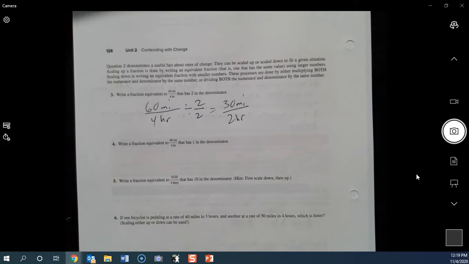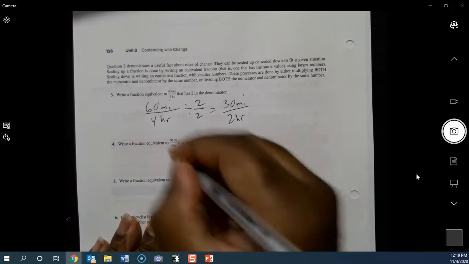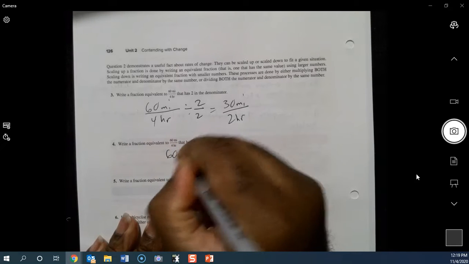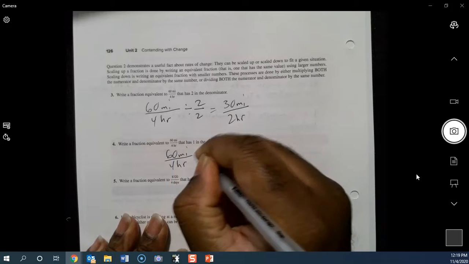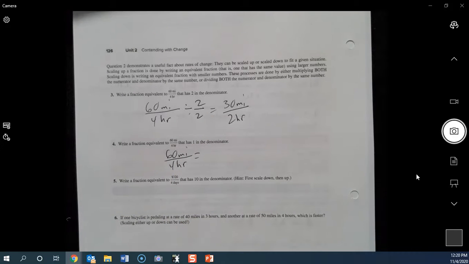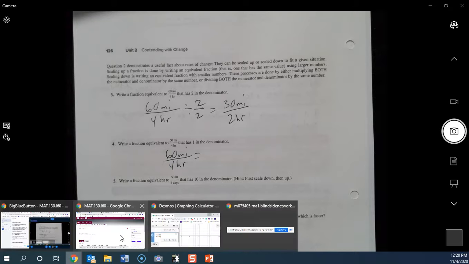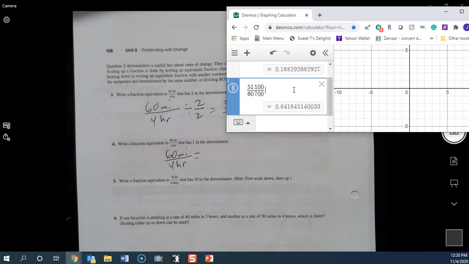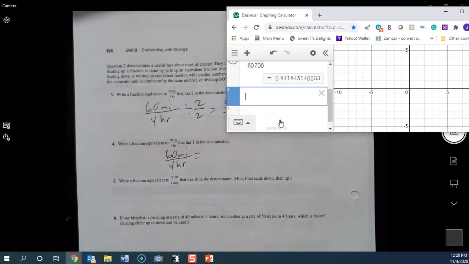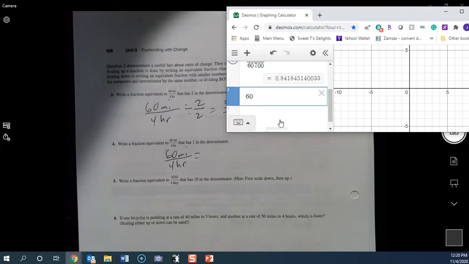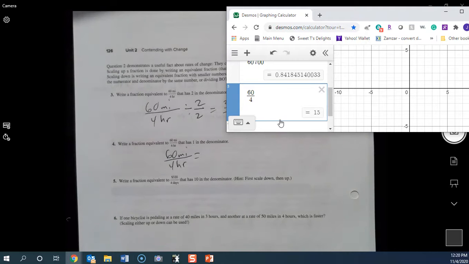Now it says for 4, write a fraction equivalent to 60 miles over 4 hours that has 1 in the denominator. So we have 60 miles over 4 hours. Now you could do one of two things. You could put this in your calculator. So let me show you that. You could take that 60 divided by 4. And that will give you 15.